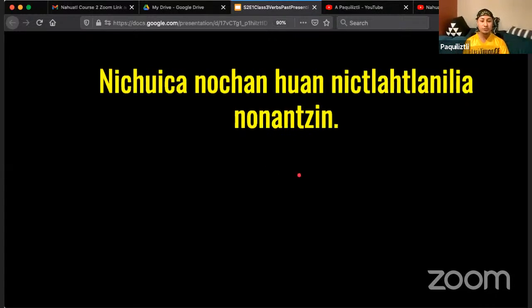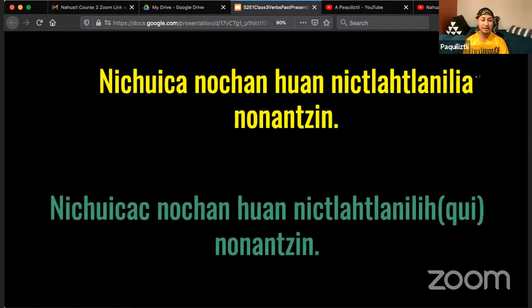So you do hear the difference, and notice that with niktlatlanilia, when you drop the A, depending on which version of the past tense you say, this word is going to have the emphasis on a different letter. So if we exclude the ki and just say the version without it, we say niktlatlanili. This I right here is the loudest. But once you add the ki, this I is no longer the loudest one.